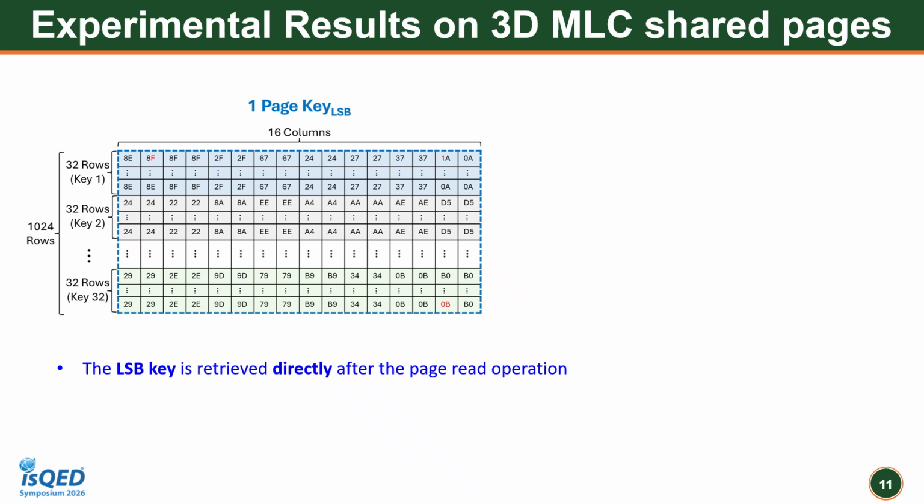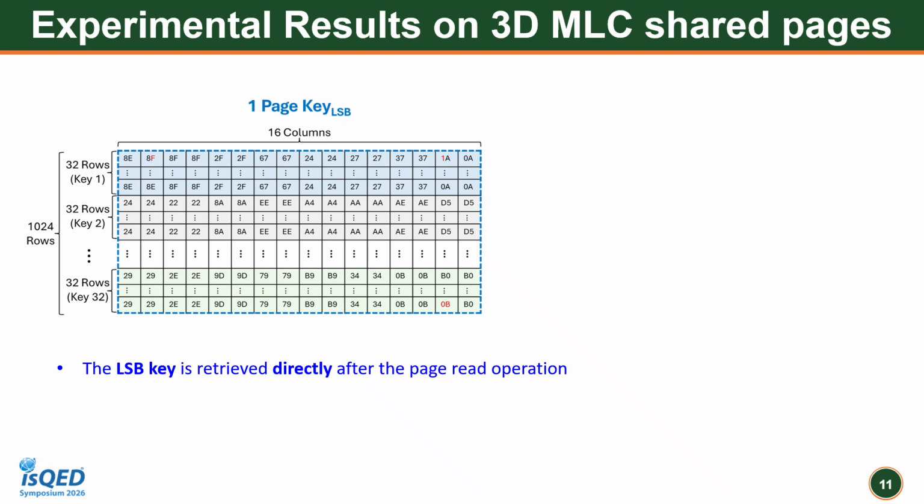Next, we will show you the results from the MSB share pages. Let's start with the key for the LSB page. Again, because it is the same chip, with a single LSB page read, we will reshape the rows and columns a little bit to make it easier to understand.